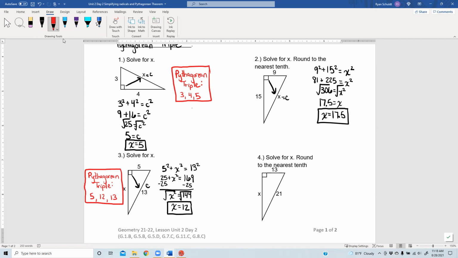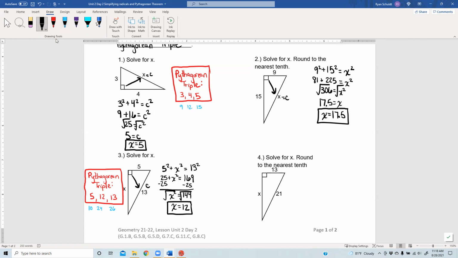What I mean by basic is you can multiply them and make them bigger. Like if I wanted to, I can make this 10, 24, and 26. That's a Pythagorean triple. Because you divide it all by 2, you get 5, 12, and 13. Just like I said up here, I can make this one 9, 12, and 15. So even the multiples are Pythagorean triples.